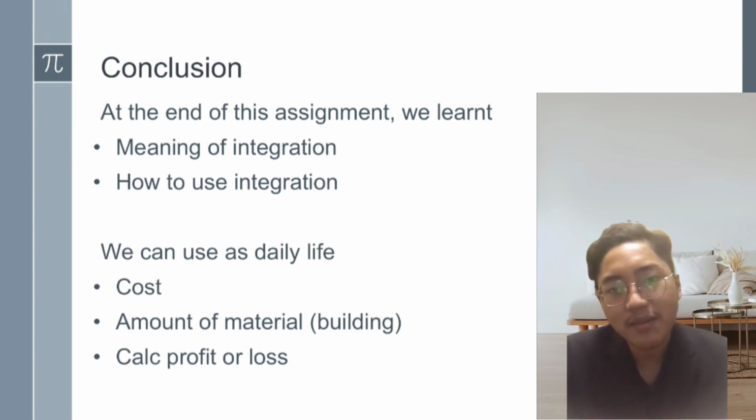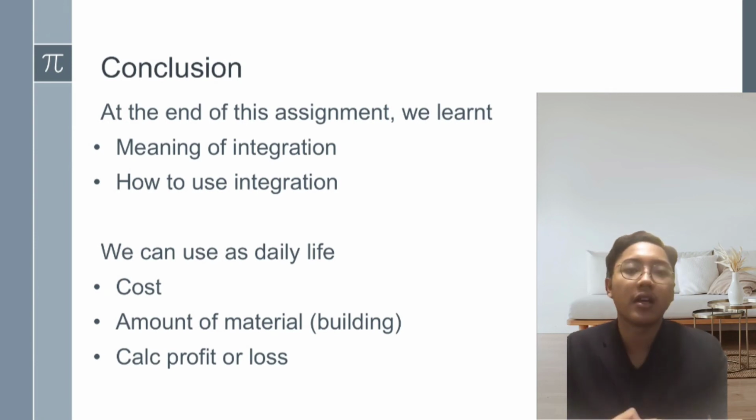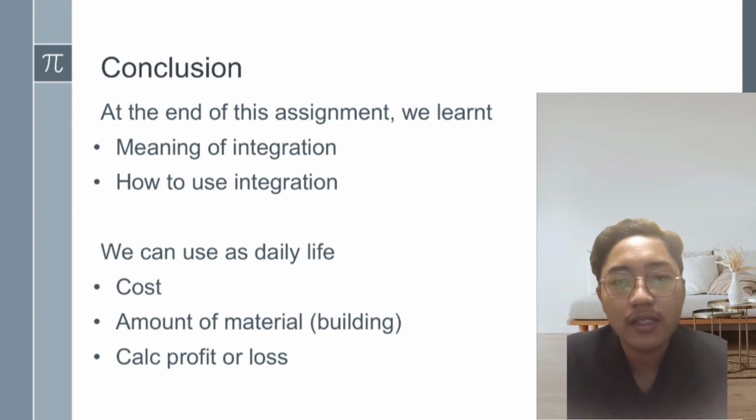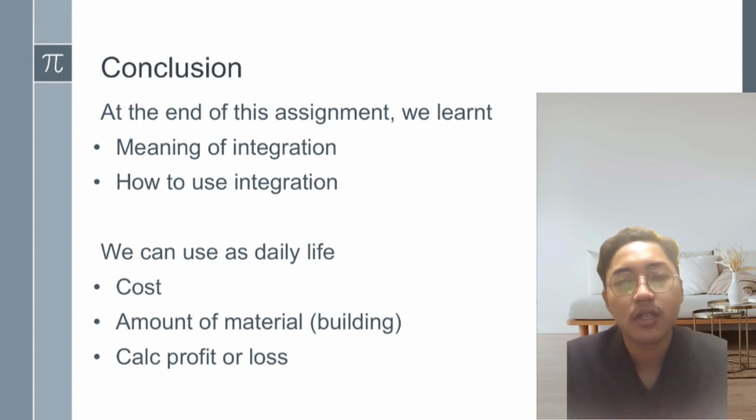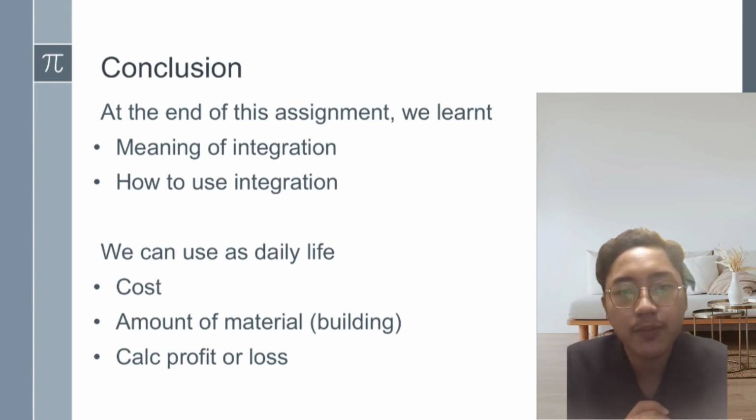So here are some examples of its benefits. First, if you use a swimming pool right now and you want to calculate the amount of water in it, what should we do? To solve this problem, integration is used.